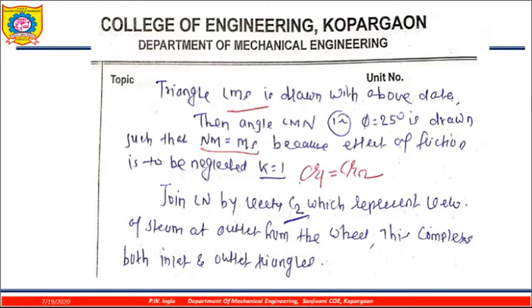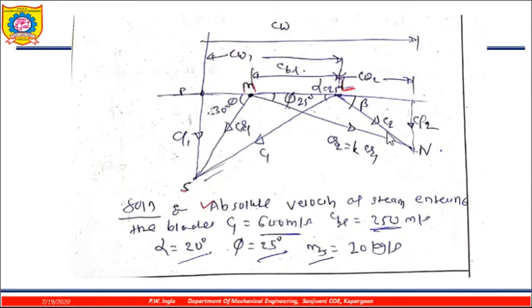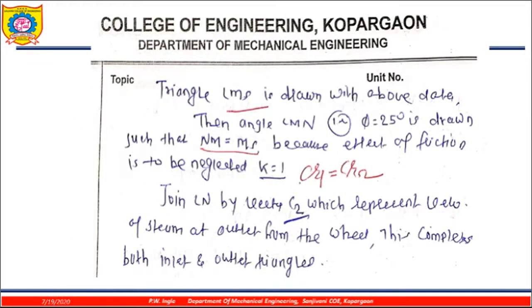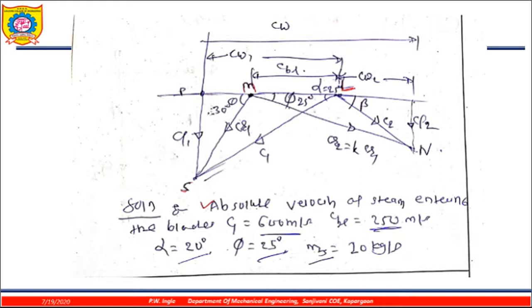NM equal to MS. CR1 equal to CR2, because the effect of friction is neglected. So draw and join LN by vector C2.